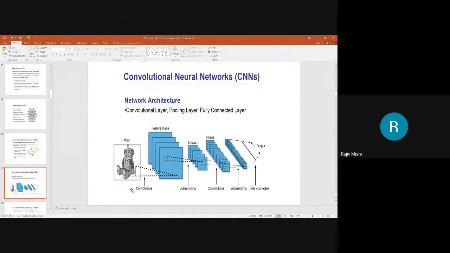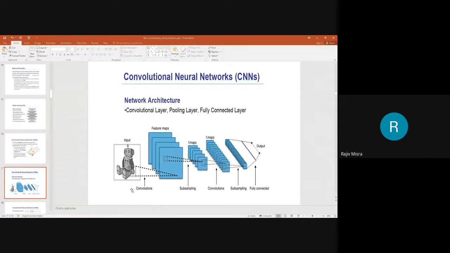To detect and understand these image features, the operations involved at the pixel level are called convolutions. This is a mathematical operation, and after the convolution, that is the first level of understanding. The image features will be noted down into another intermediate form, which is called a feature map.